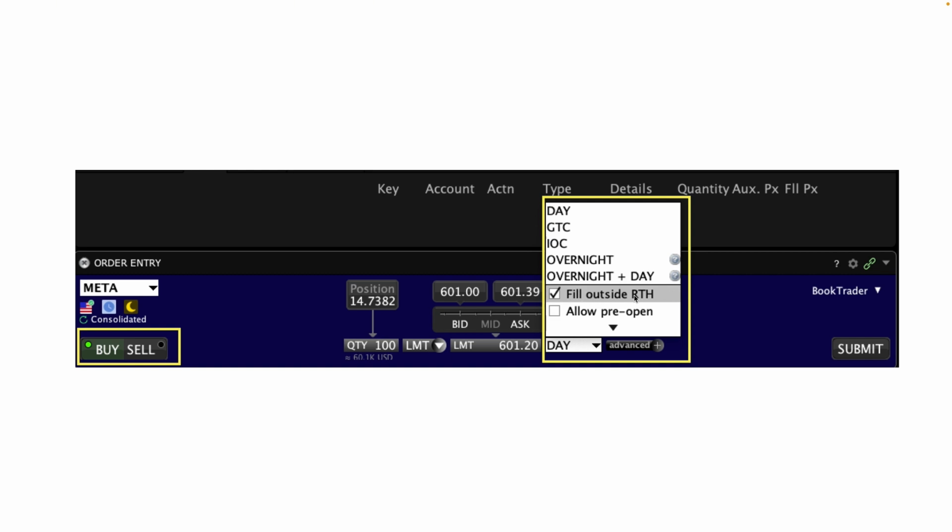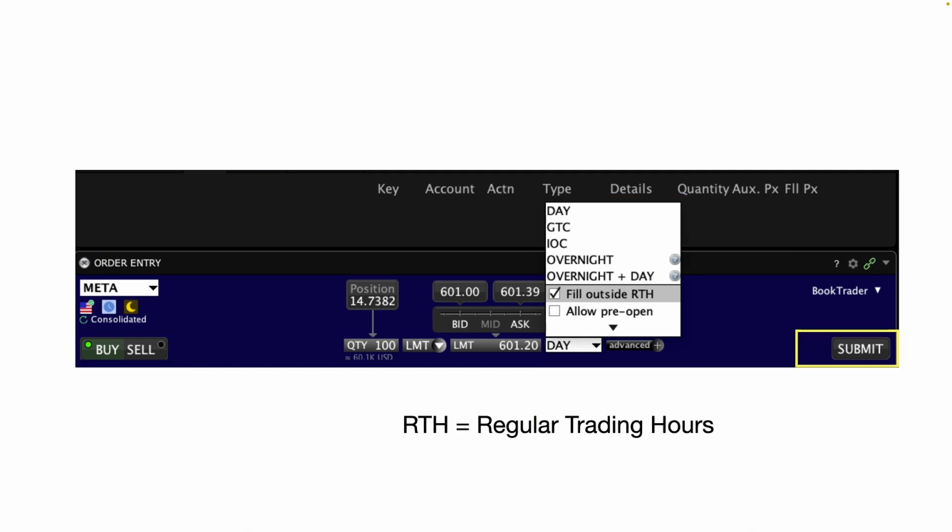If you don't do that, then you cannot submit an after hours order. RTH means regular trading hours. Selecting this basically tells TWS that we intend to trade outside of the regular trading hours. After that, we can click the submit button.